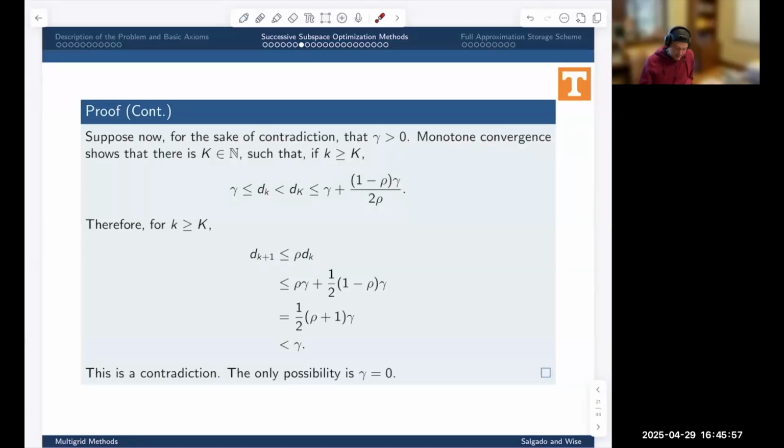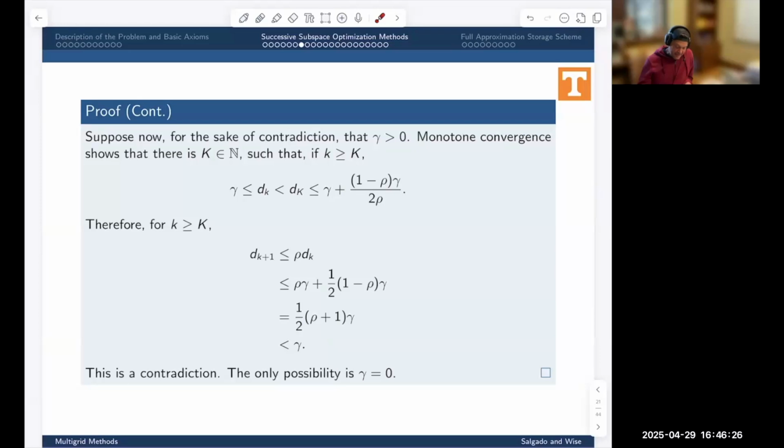Okay, now I'm going to put in the fact that this d_k is always less than that, right? So I'm going to replace d_k with this larger number. So I get this, okay, multiplying that out. When you multiply that out, you can collect terms, and you find that that's just going to be 1/2 rho plus 1 times gamma. Well, what do we know about 1/2 rho plus 1?